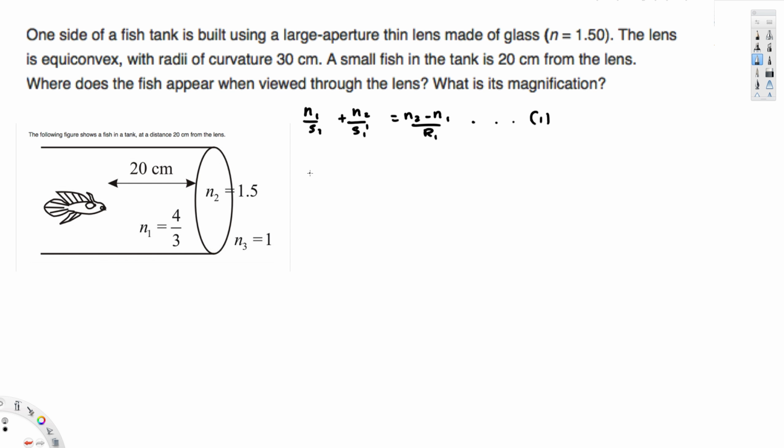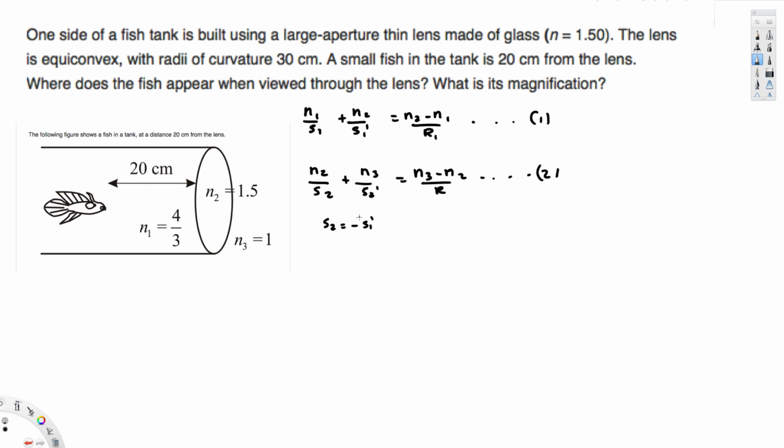For the right side we are going to have n2 over s2 plus n3 over s2 prime is equal to n3 minus n2 divided by r2. This is equation 2. Now from this one we can say that s2 is equal to negative s1 prime. So we can replace this value in equation 2.